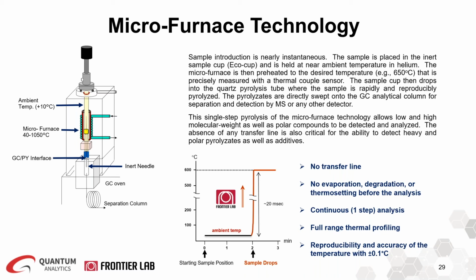The microfurnace also guarantees reproducibility and accuracy of the temperature within plus or minus 0.1 degrees Celsius. All surfaces are quartz or temperature stable deactivated. There is no transfer line, no cold spot, and no cross-contamination.